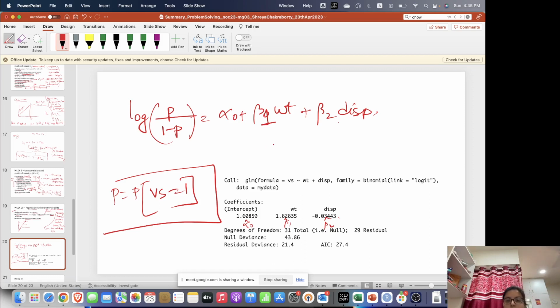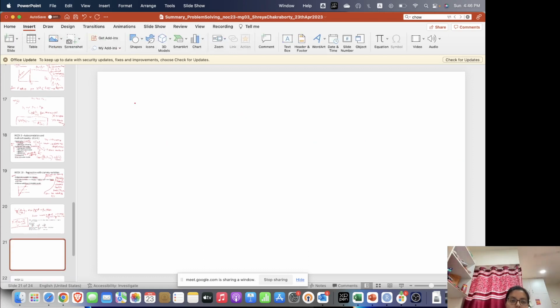What it essentially means is that a 1 unit increase in weight increases logit P by 1.62 units. I'll rewrite: an increase in weight increases logit P by 1.62 units.